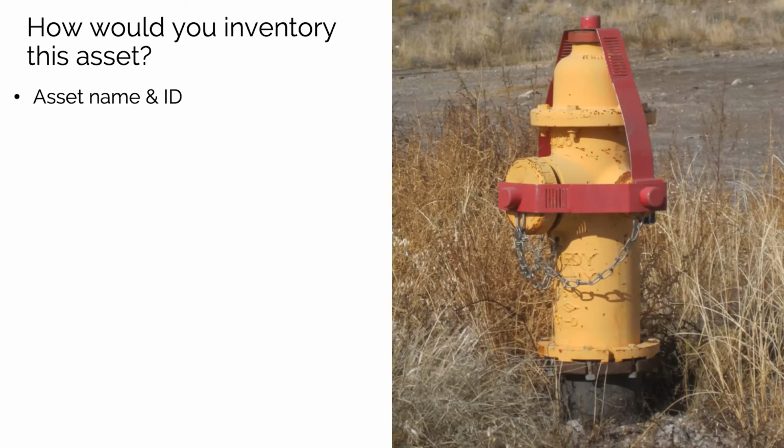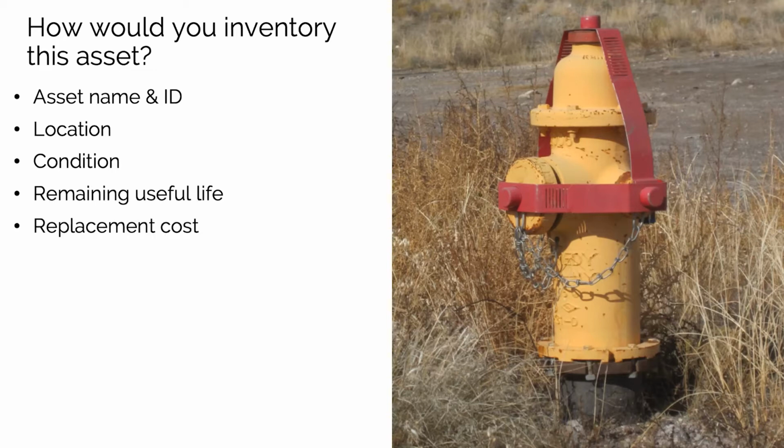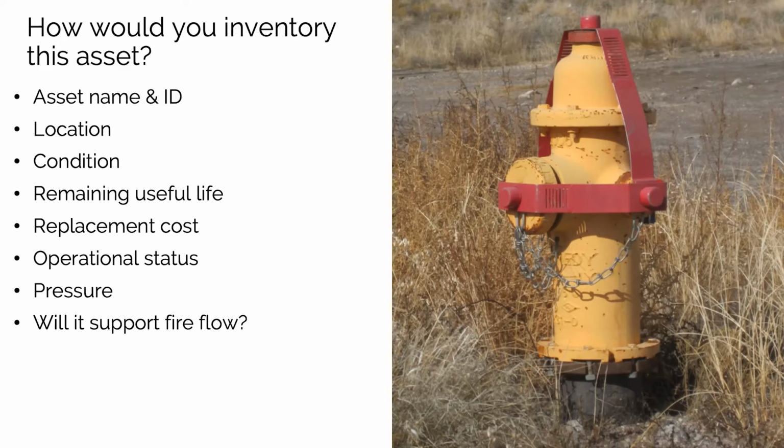You might want to know its asset ID and name, obviously where it is, what kind of condition it's in. Yeah, elevation could be useful because that's going to be important for pressure, remaining useful life, when it was installed, replacement cost, is it operational or not, pressure, whether it'll support fire flow. I've heard some horror stories about that.